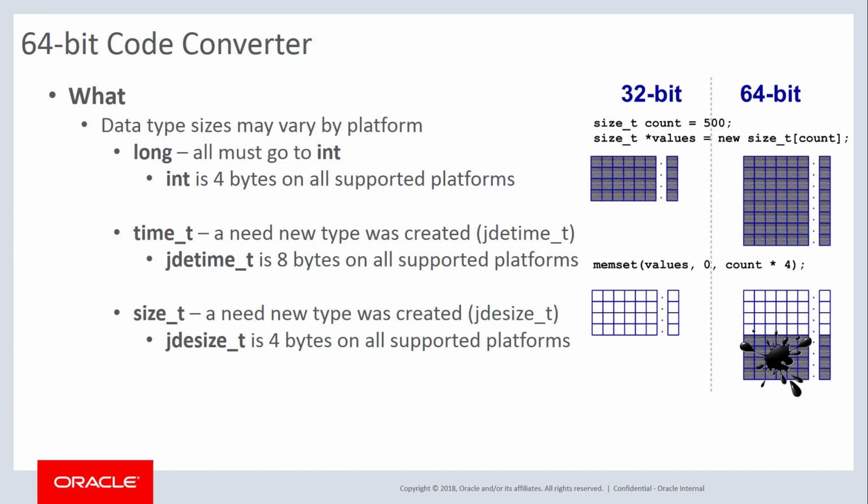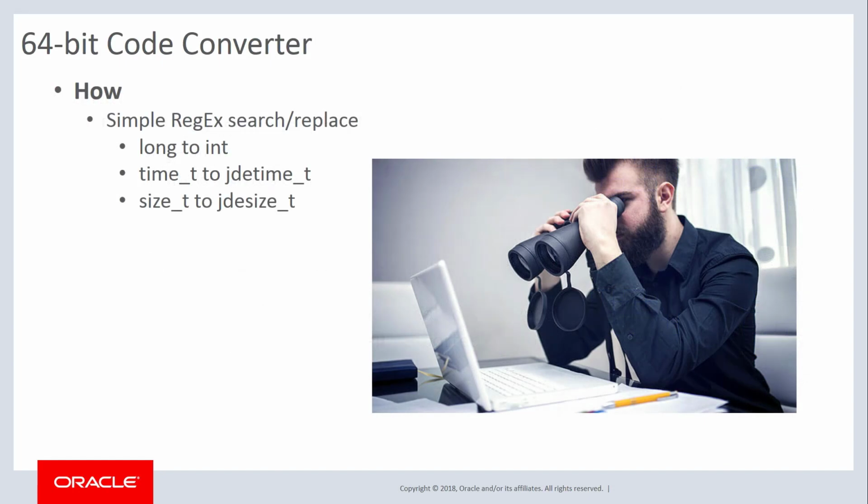We did this so that our code would continue to work in the same way as it did in our 32-bit system. We created a new data type called JDE_time_t to work like time_t, but it is now 8 bytes across all platforms. We also created a new data type called JDE_size_t to work like size_t, but it is now 4 bytes across all platforms.